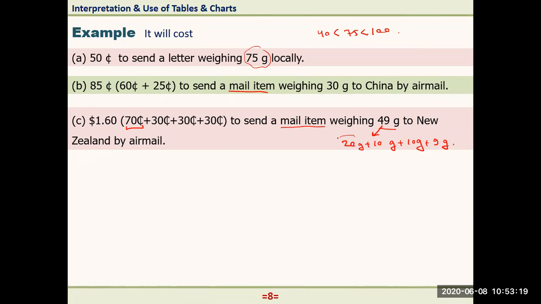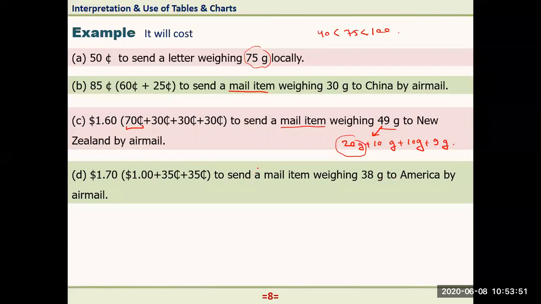The first 20 is 70. Per additional 10 grams, they charge 30. So I'm just dividing in this way. This one is 70, this one is 30 cents, 30 cents, 30 cents. So that is 70 plus 30 plus 30 plus 30. That is $1.60 to send a mail or a kind of envelope or letter which weighs 49 grams from Singapore to New Zealand by air mail. Okay?